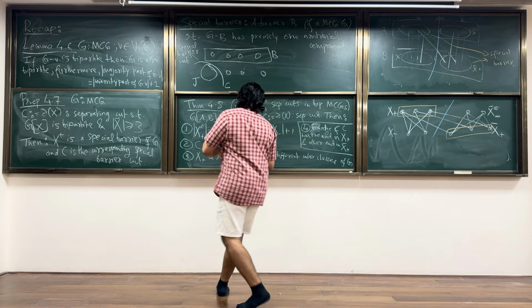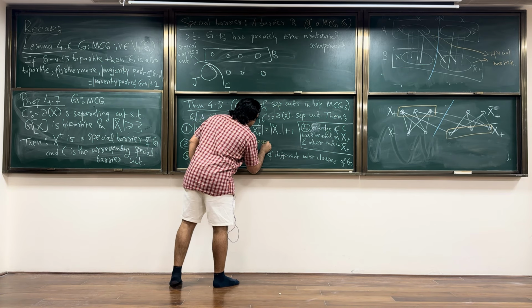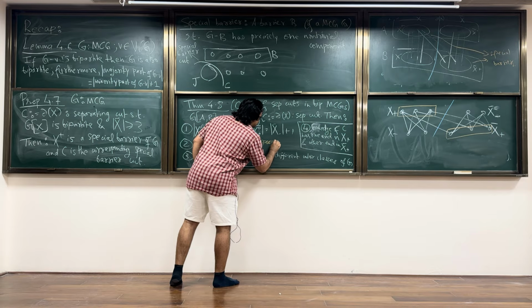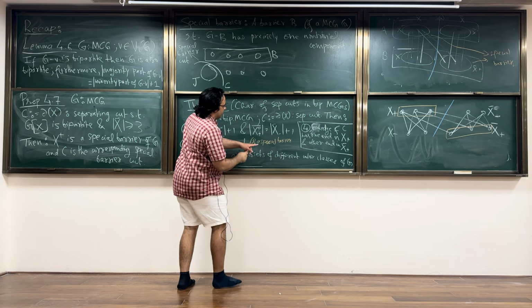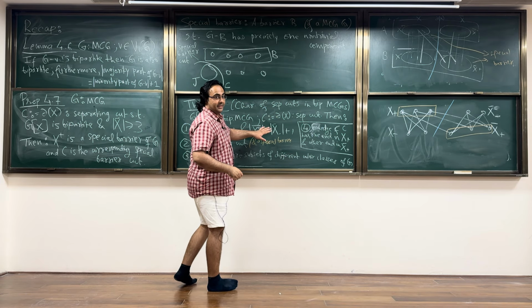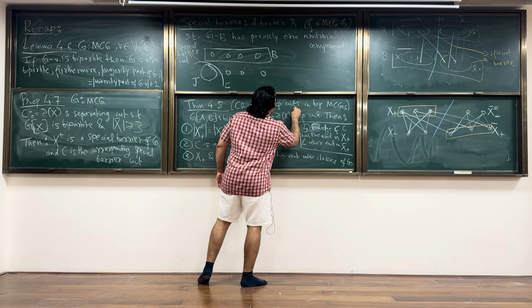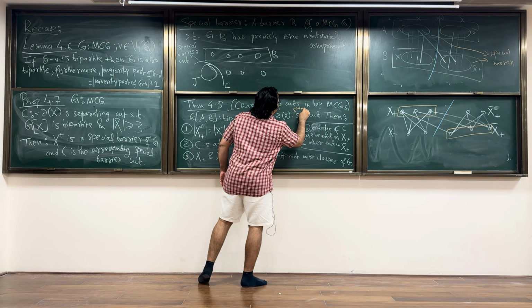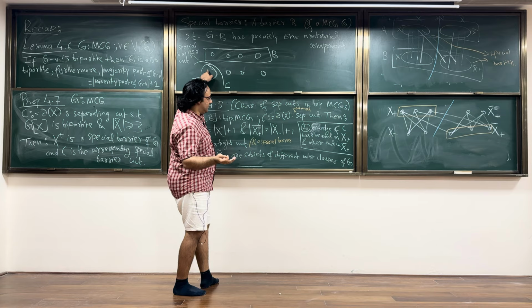So you can add one more point here. C is a tight cut and a special barrier cut. Oh well, special can only come when it is non-trivial. That's the reason they did not put special. So if you assume this is a non-trivial cut, because you need one non-trivial component, otherwise it's not a special barrier.